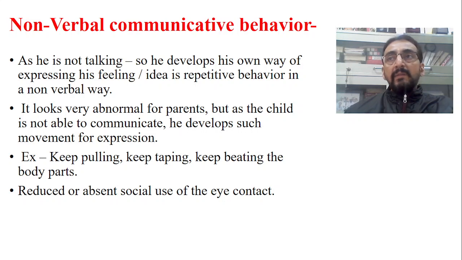But here the language developmental milestones are affected, so the child has to shift to non-verbal communication behavior, like finger pointing, body gestures, and sign and symbol methods. The child may respond to a certain extent. Whatever correction we want to do in an autistic child is mostly through non-verbal methodology.